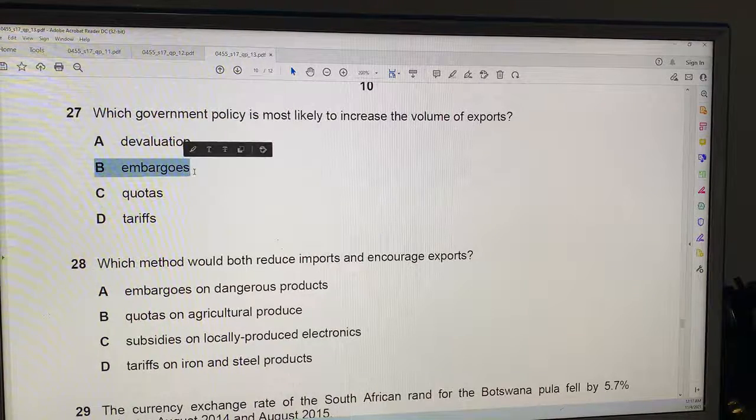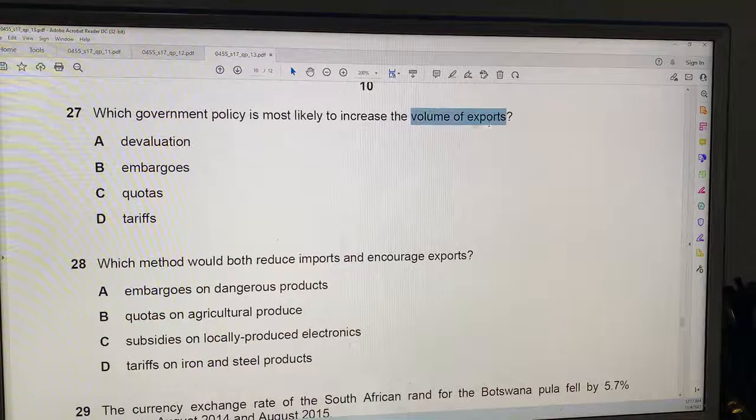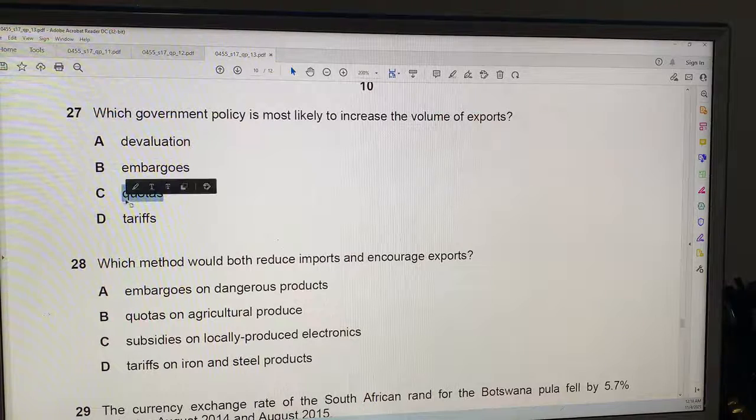Embargoes are refusal to trade, either to import or export, so that will not increase the volume of exports. Quotas is a limit to the quantity of products imported or exported, so quotas will not increase the volume.